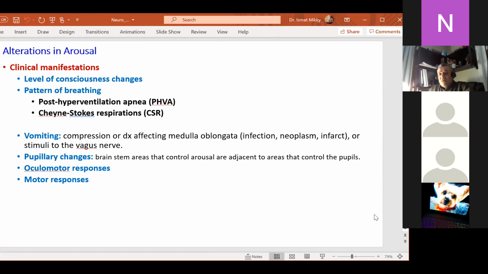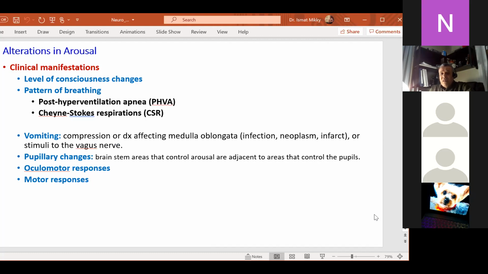Now, breathing patterns. We have something called post-hyperventilation apnea, which affects patients who have experienced lower brain stem trauma, or the neural center in the cerebrum.